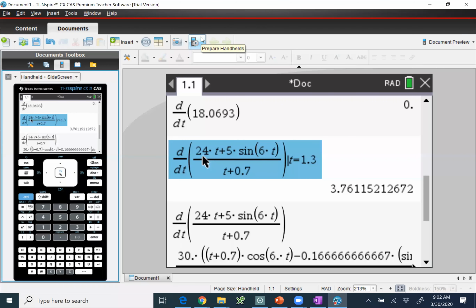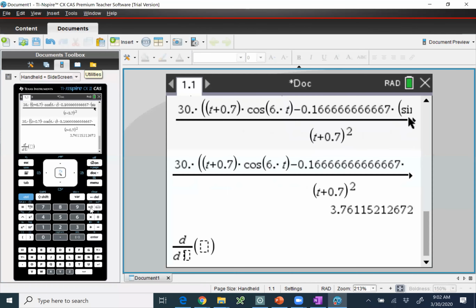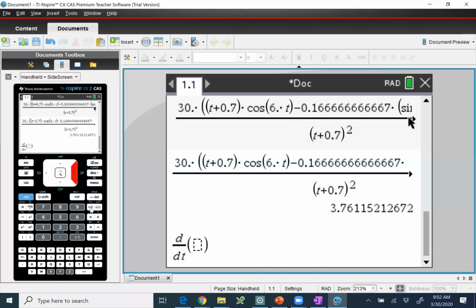And then on your calculator, you're going to come back here, and we're going to do that same process, d dt of 0.5 t to the 4th. Make sure you hit the right arrow, minus 16 t cubed plus 144 t squared.